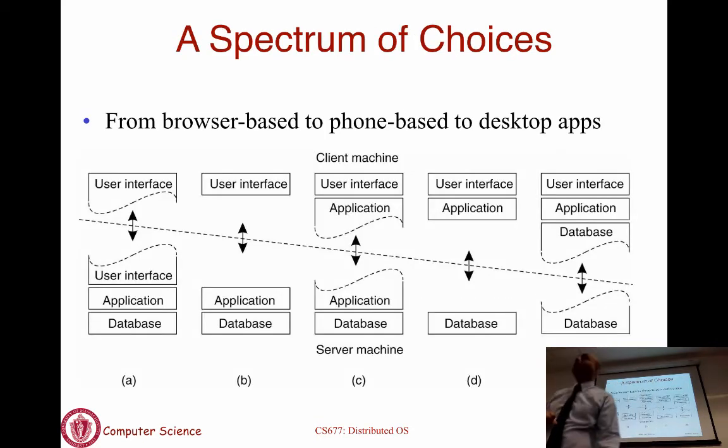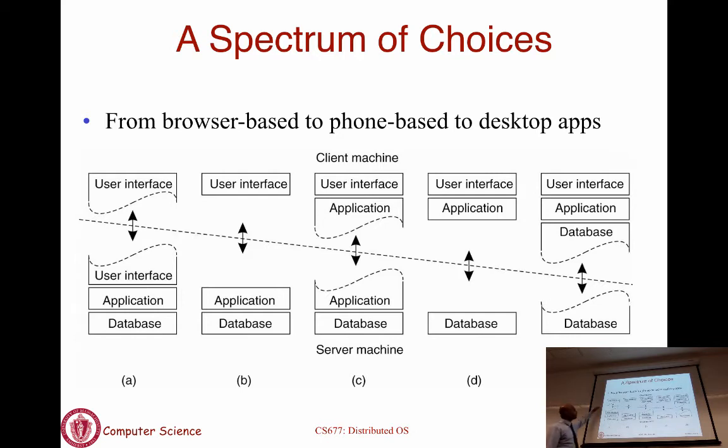And what this slide shows is how you can take any application and split it between your client and the server. So you will see that there is essentially the user interface, the processing layer, which is shown as the application box, and the data layer, which is shown as the database.